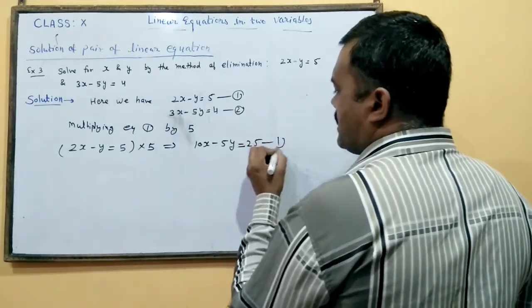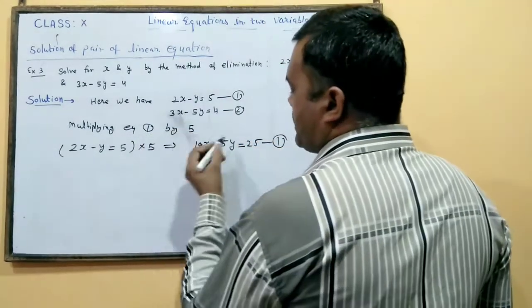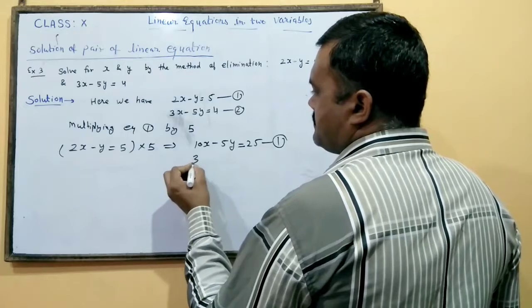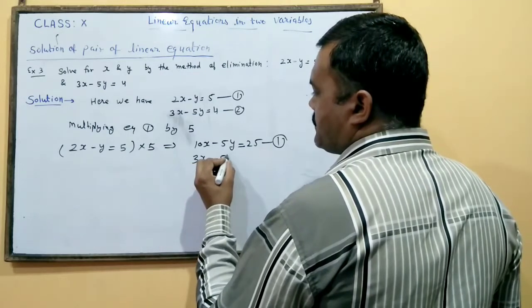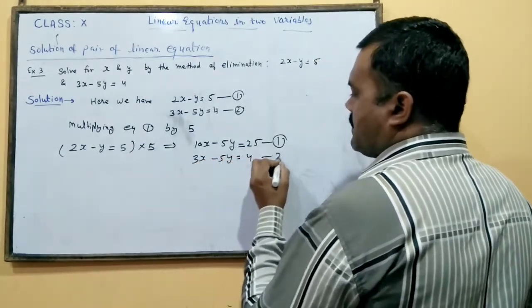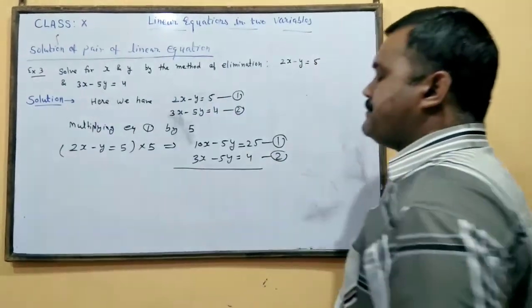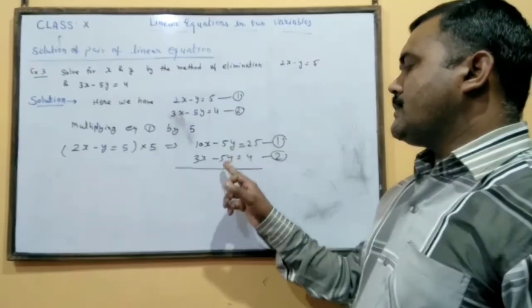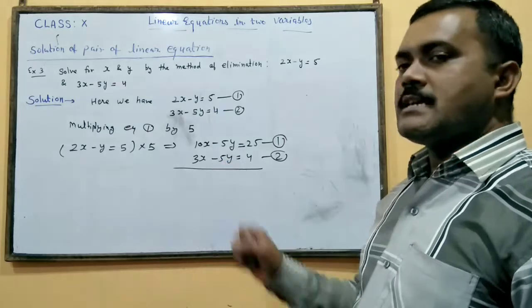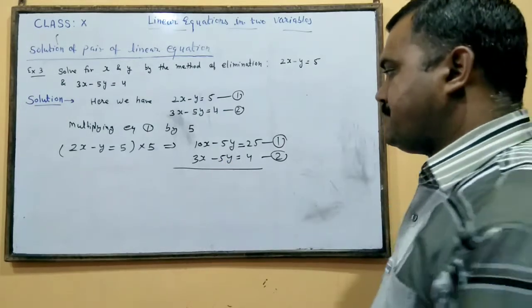This will be equation 1 now, and you already have equation 2, which is 3x minus 5y is equal to 4, equation 2. Now you can see 5y is equal in both the equations, and these are with the same sign, so they should also be subtracted.